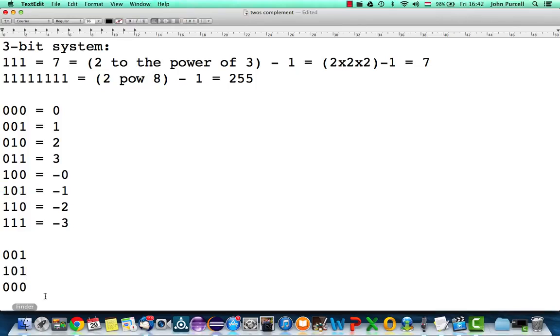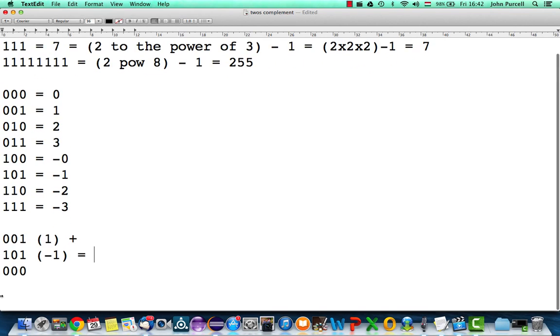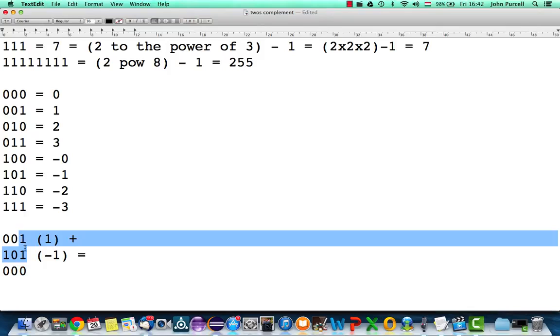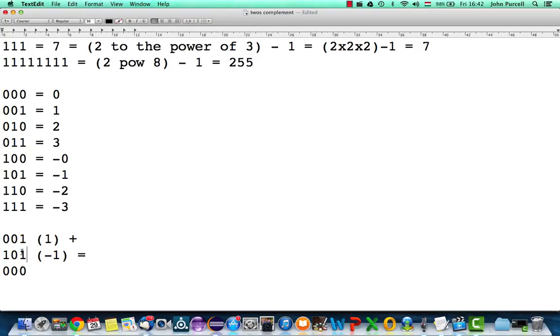I'll put zeros for the answer to start with. So this is 1, and we want to add negative 1 equals. Now, binary arithmetic works the same as decimal arithmetic or hexadecimal or whatever you like, but we're most familiar with decimal. If you've got like 1 plus 1 here, we have to add up the rightmost column first.